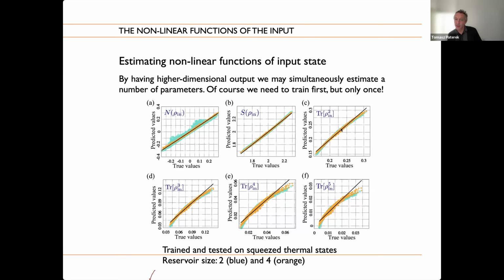But when you make the reservoir larger and larger, these errors get smaller and smaller. We are predicting pretty accurately. And these are nonlinear functions. So what we did here, we calculated the trace of rho up to the power 5, because any function of a density matrix you can always expand in powers of rho.